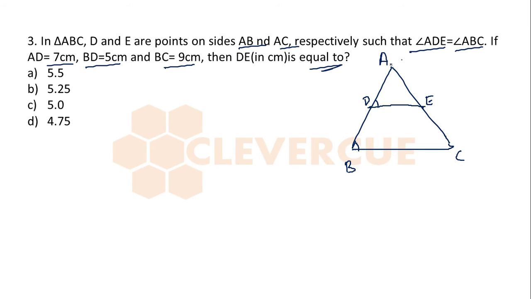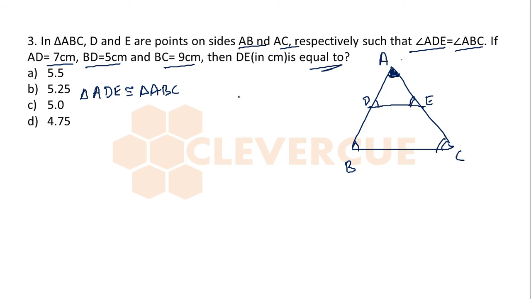And if you see this triangle ADE and ABC, both are similar triangles. See, triangle ADE is similar to triangle ABC. How can we say this? Here it is given that angle ADE is equal to angle ABC, and you know that angle A is common in both these triangles ADE and ABC, and hence the other angle, which is angle AED, will be equal to angle ACB.